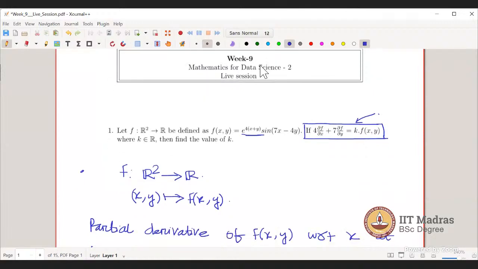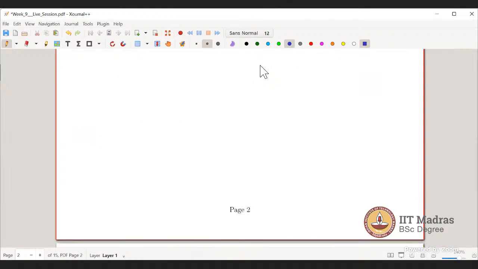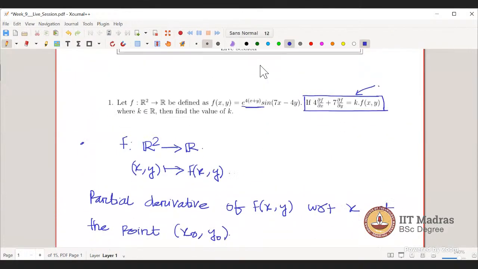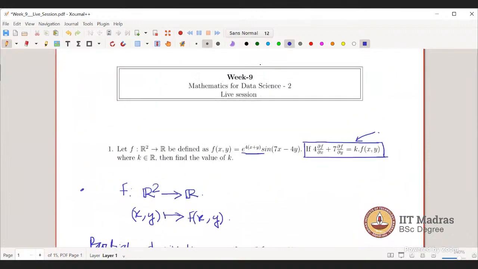So f of x, y is e power 4x plus y into sine of 7x minus 4y, and we need to find the value of k.